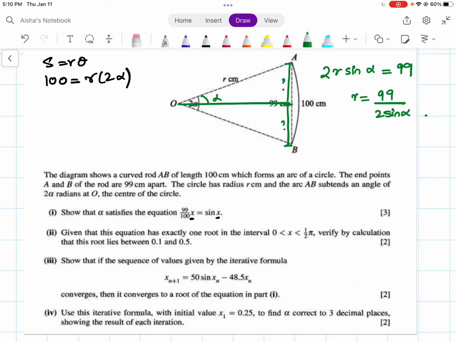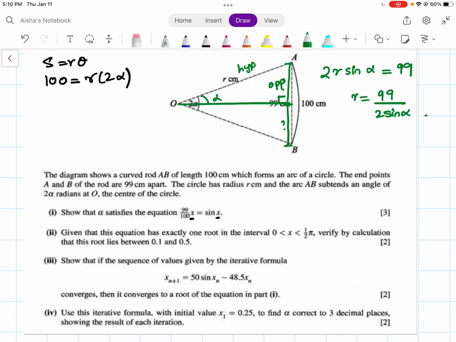Isn't this supposed to be sine alpha? This straight line is opposite, and this is hypotenuse. This is a right-angled triangle. The 99 is the opposite length. So if I find out the entire opposite length, this is equal to 99. Make sense?